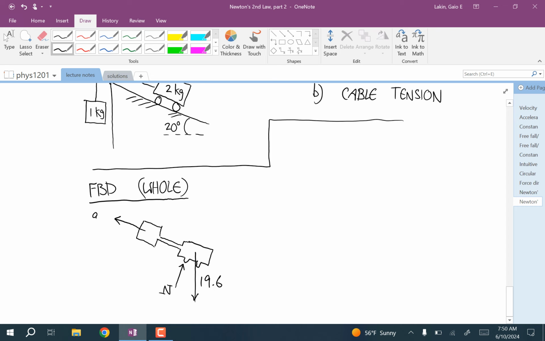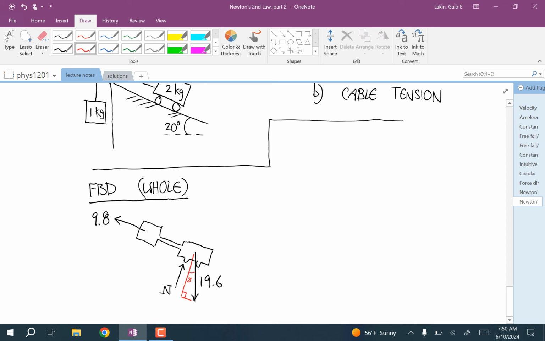And that's 1 times 9.8, so 9.8 newtons that way. We're just using a component of this 19.6 Newton weight force.